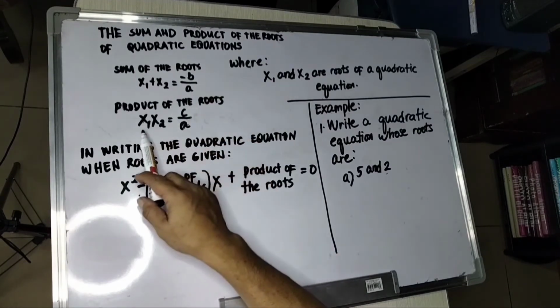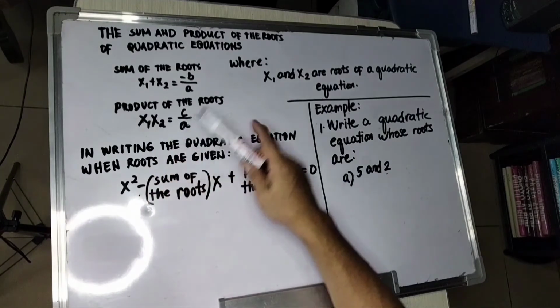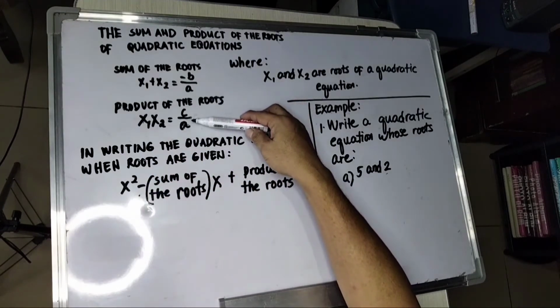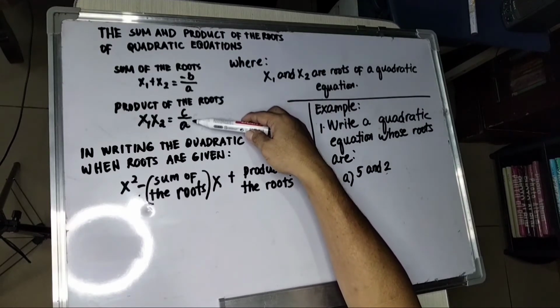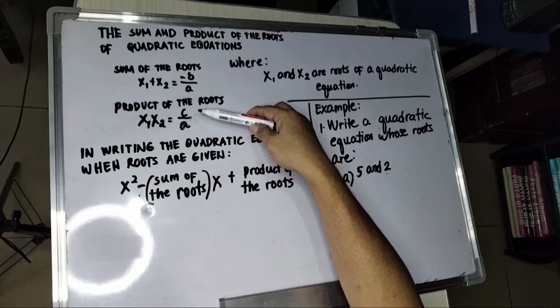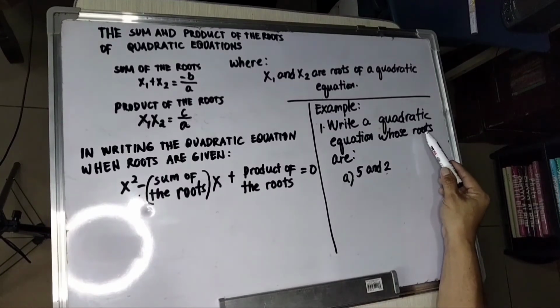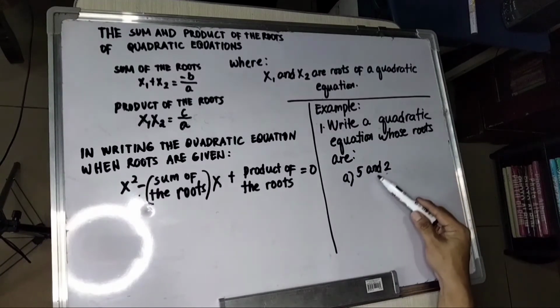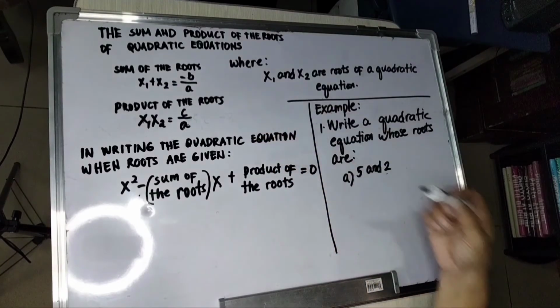Then the product of the roots, x sub 1 times x sub 2, which is c over a. We can only use the values of a, b, and c if the given is a quadratic equation. Since the given data here are the roots, we cannot choose this formula.